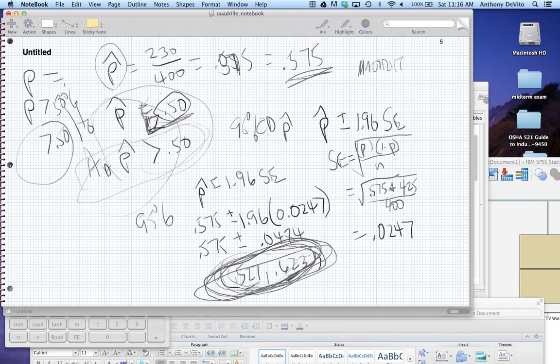Had we just asked, does she have 50% or more, then the null hypothesis would have been p is less than 50%, right? And the alternative is p equal to or greater than 50%, right?